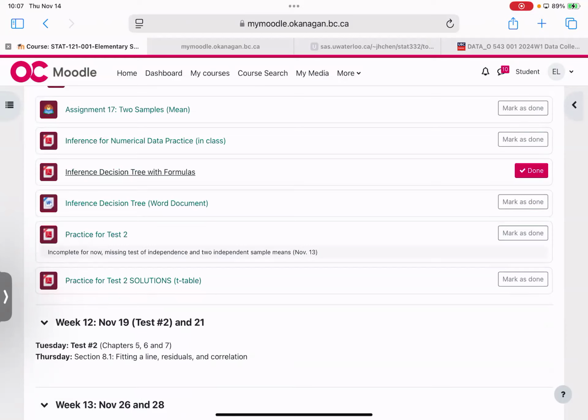And then I sat down last night, like, okay, let's see what's going on here. We have a test on Tuesday, and I bungled it. I posted the practice for test 2. It is incomplete until I get to my office and I add some questions on chi-squared, test of independence, and 2 sample means.